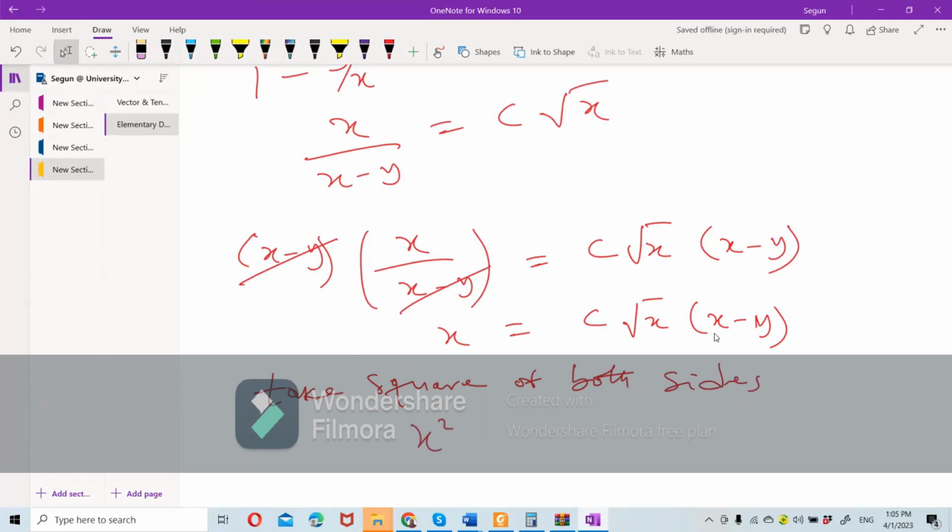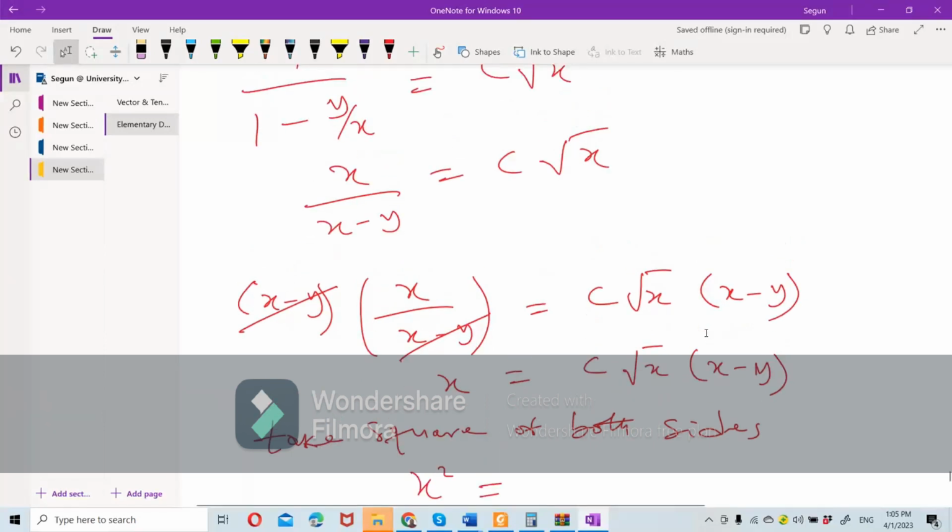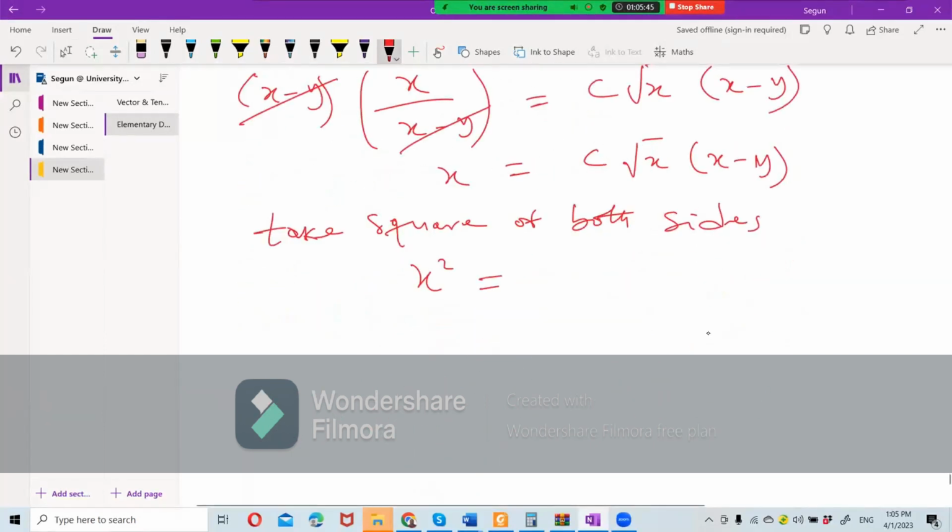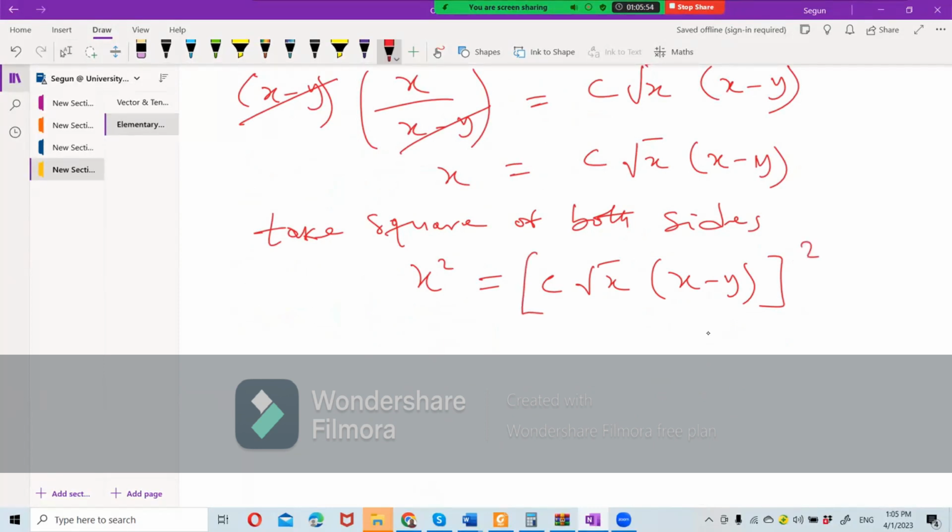So we have x squared equals c square root of x in brackets x minus y all squared.